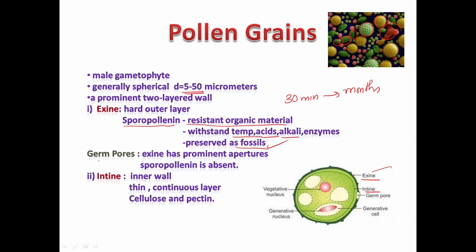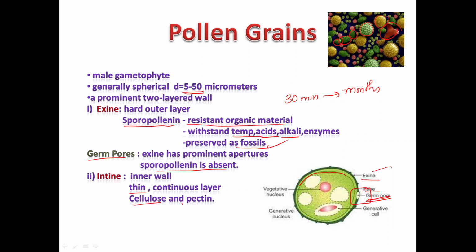Then how does fertilization take place? There are germ pores. These are apertures or gaps in the exine where sporopollenin is absent. And what about intine? Intine is the inner wall, and it is thin. It's not that strong.